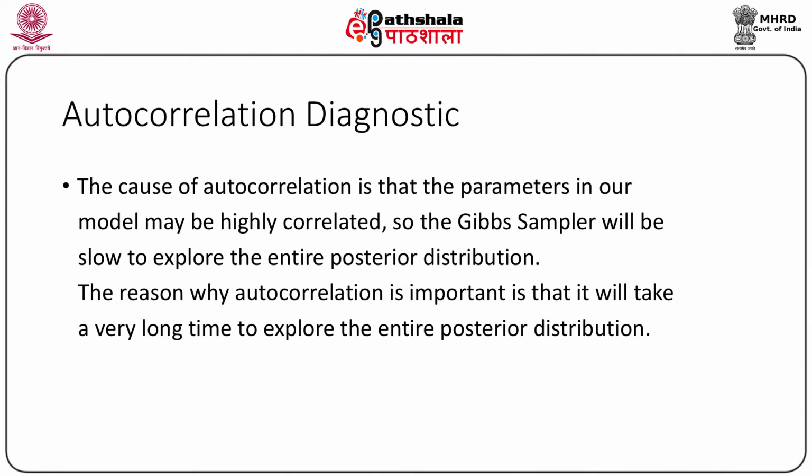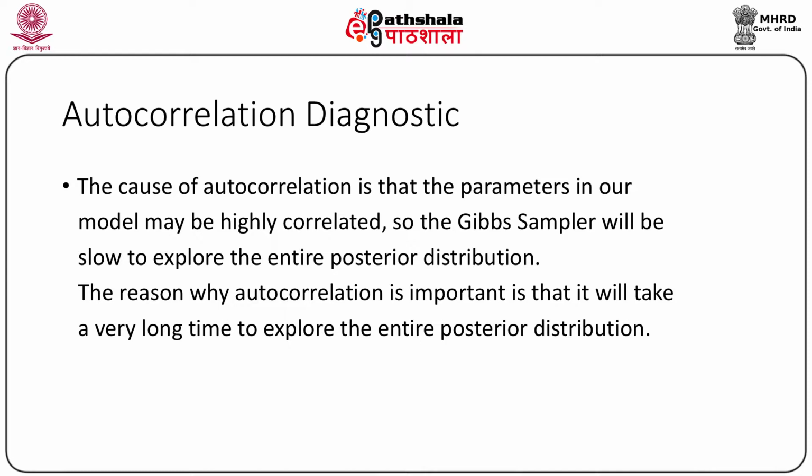The cause of autocorrelation is that the parameters in our model may be highly correlated, so the Gibbs sampler will be very slow to explore the entire posterior distribution. The reason why autocorrelation is important is that it will take a very long time to explore the entire posterior distribution.